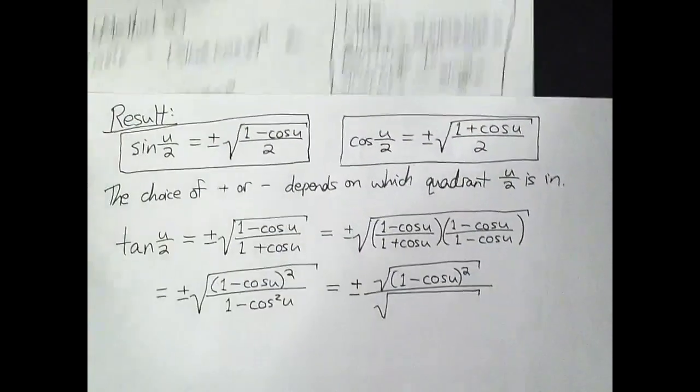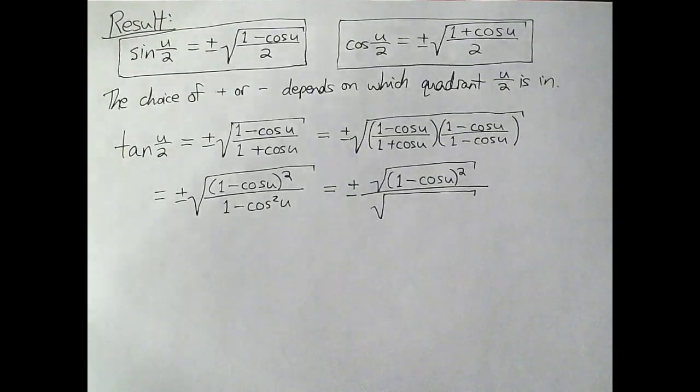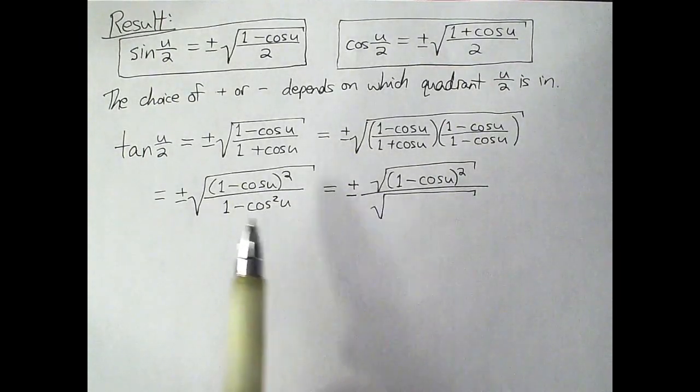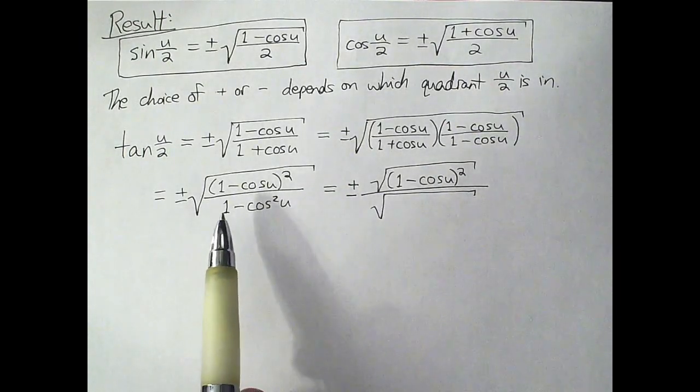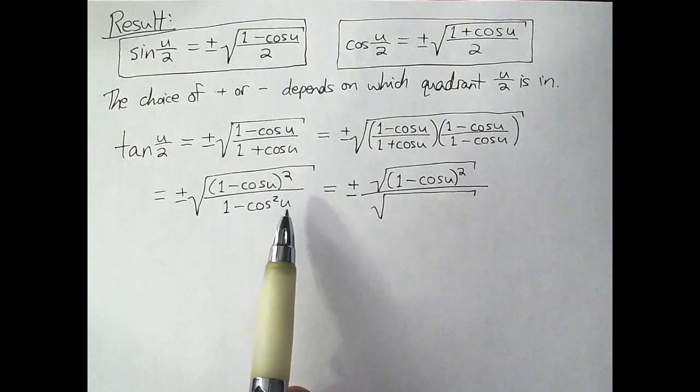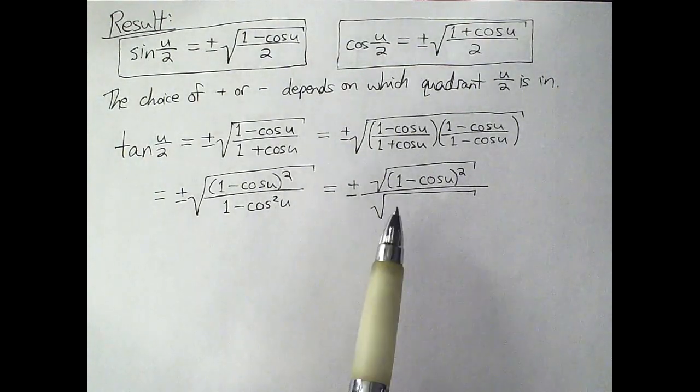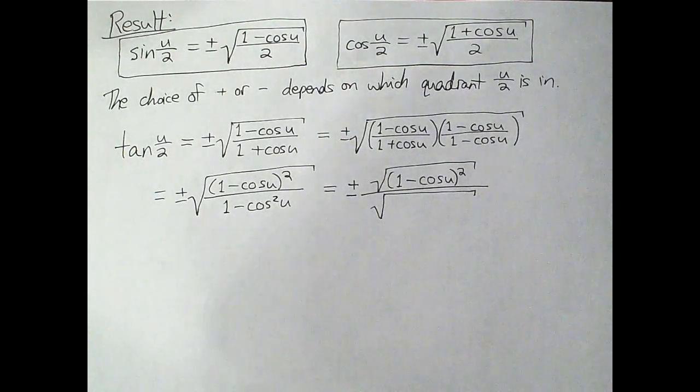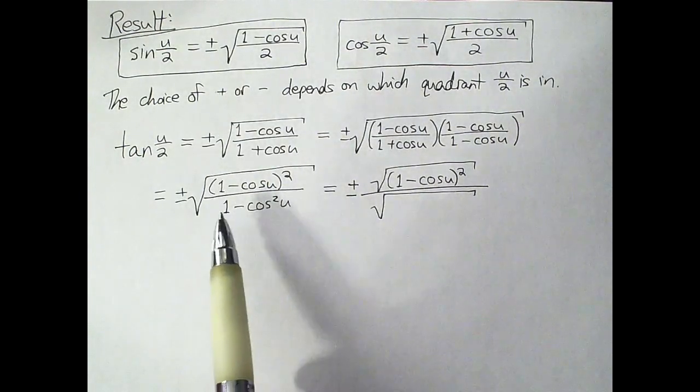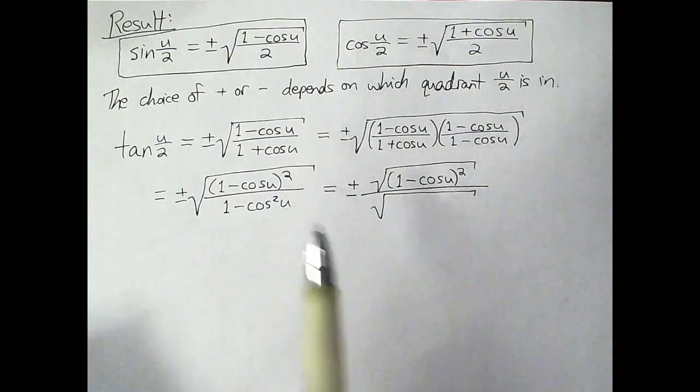However, before I write the bottom, there's something I'm going to point out. There's another way that we can write 1 minus cosine squared u. Do you know what other way we can write it? I'll remind you of something that we wrote earlier. We're thinking 1 minus cosine squared.